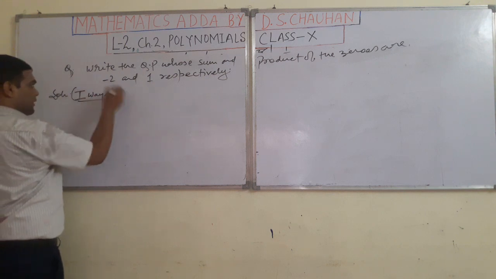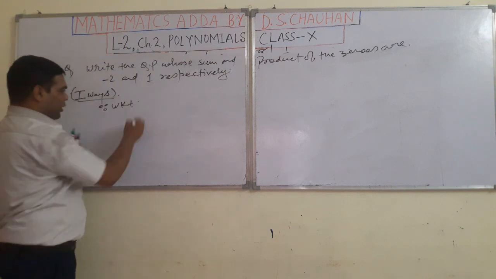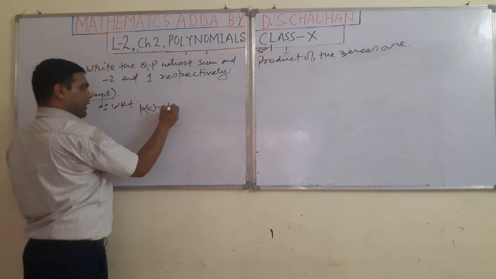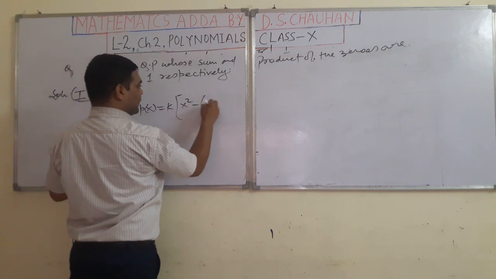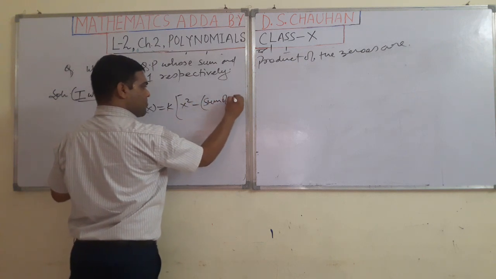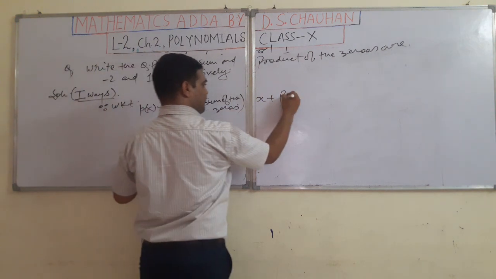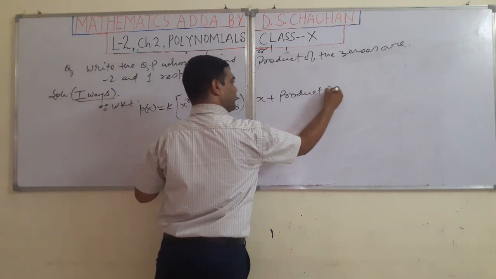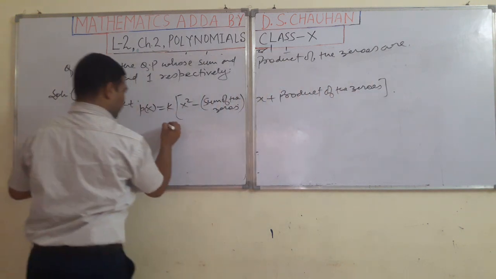See easily. Since we know that the quadratic polynomial px could be k times x square minus sum of the zeros into x plus product of the zeros. Once you have to write down this. Now put the respective values.